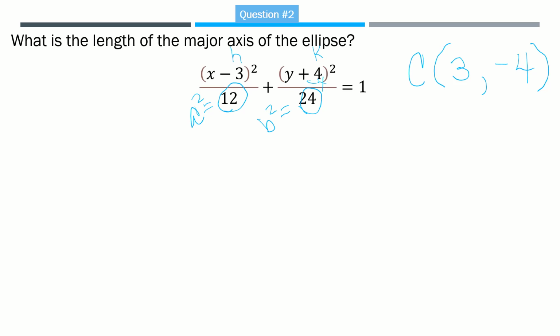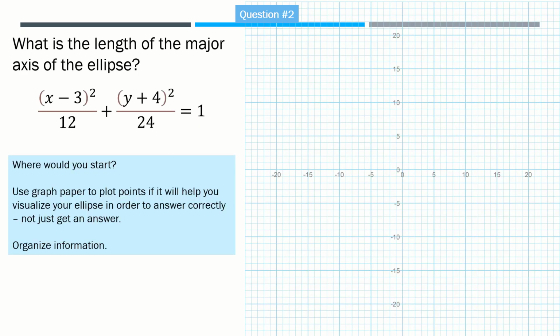Now we've got to determine what is the major axis. So if you need to pull out graph paper, we'll start with the center, 3, -4. We'll plot that, 1, 2, 3, -4, 1, 2, 3, 4, and just get an idea of where that longer axis is going to be.